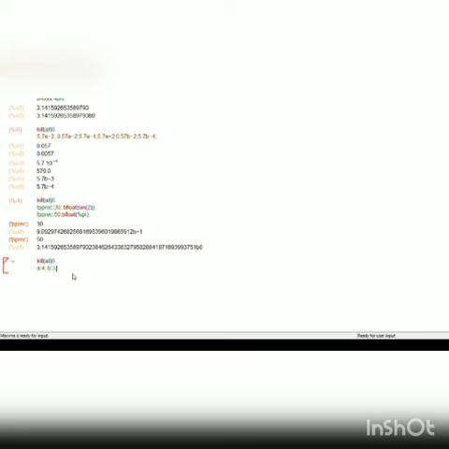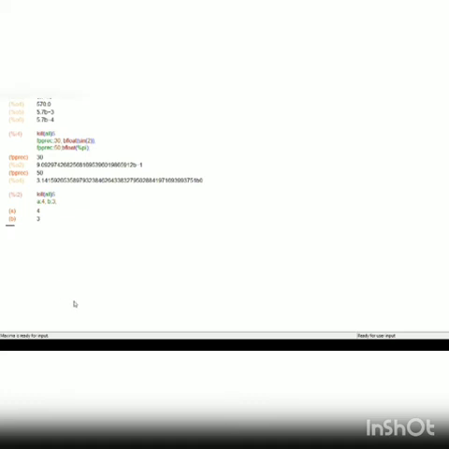I want to display this. See here, A has taken the value 4, B has taken the value 3. In this program, whenever you call A it will give you value 4. A is already stored with 4. B is stored with 3. If you use kill all once again, then A and B will be deleted with these values.